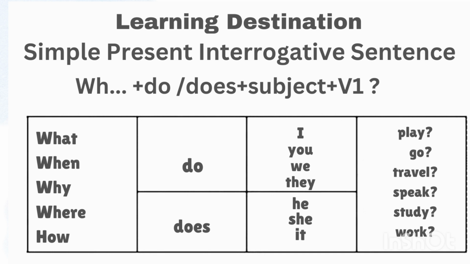That means what, when, why, where, how, plus do or does, plus subject. Which are subjects? I, you, we, they, he, she, it, plus V1. That means the root form of the verb.